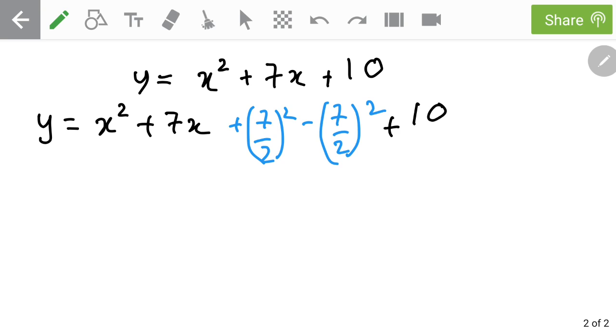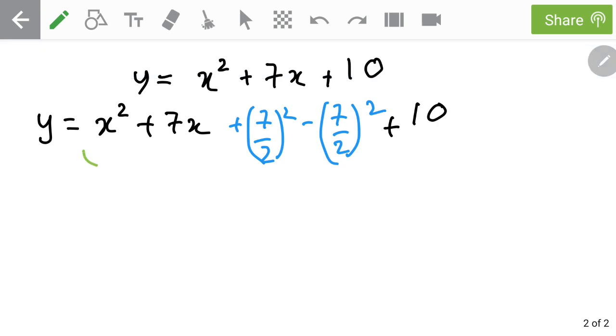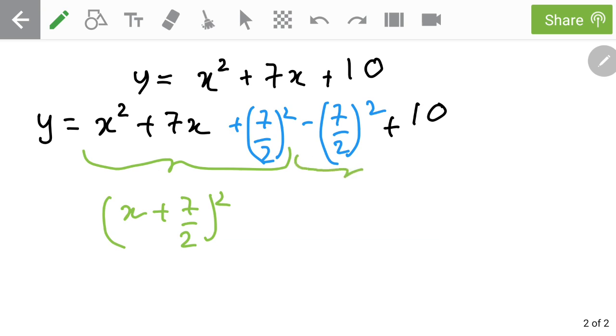Next we've got to do this one. You just factorize it. This is a formula, don't worry. x plus 7 over 2, squared, and then you've got to compute this. It's going to be negative 49 over 4: 7 squared is 49, and 2 squared is 4.